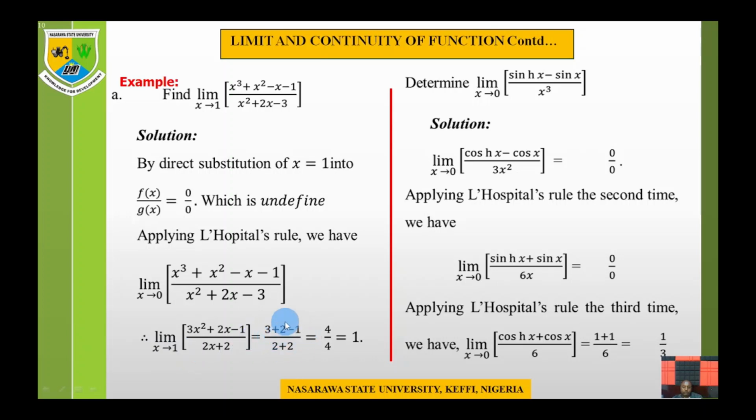So when you substitute now, you are going to have 3 plus 2 minus 1 all over 2 plus 2, which is equal to 4 divided by 4, and the final answer will be 1. So with the help of L'Hopital's rule, we are able to find the limit of this function, instead of a direct substitution giving you an undefined quantity.